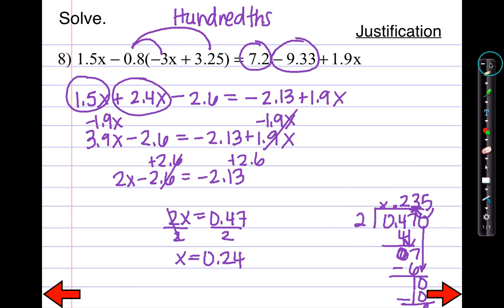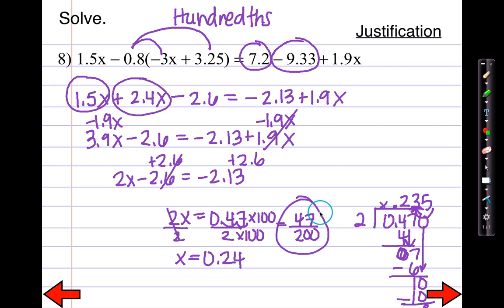Okay, now there was another way. We could have kept them as fractions. Here, to make this a fraction, I would have to move my decimal over 2 places at the most. So since I'm moving it 2 places, I would have to multiply by 100, which means if I multiply this by 100, I would have to multiply the denominator by 100 as well, which would leave me with, moving the decimal over, 47 over 2 times 100 is 200.